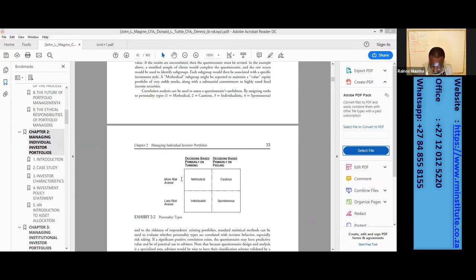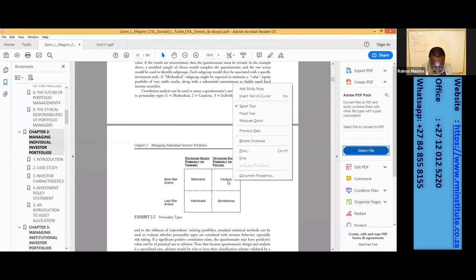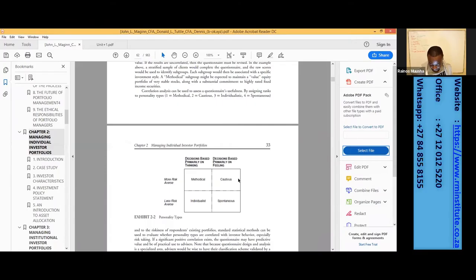Remember, they are more risk averse, which means that they are very much afraid of taking on more risk. But if these investors who are more risk averse base their decisions primarily on how they feel about the investment philosophy or about investments in general, then we describe them as cautious investors.